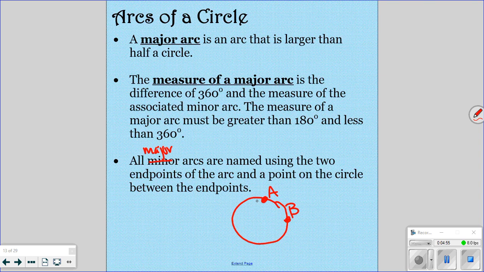So to make it so that it goes around the circle like this, we need to pick a point over here. And so this major arc would be ACB. And that's how you know that it's a major arc, because it tells you you have 3 points and you have to go through all 3 of those. So you go from A to C to B. So major arcs are named using 3 points, always.